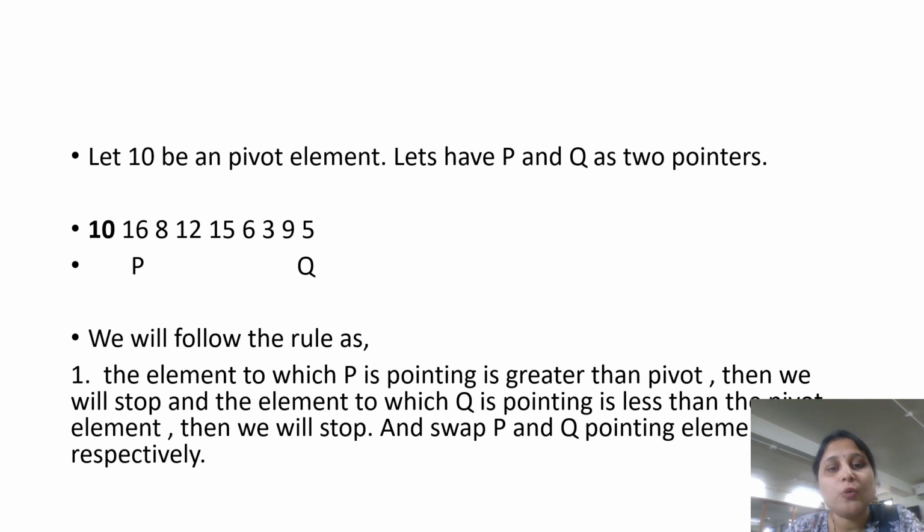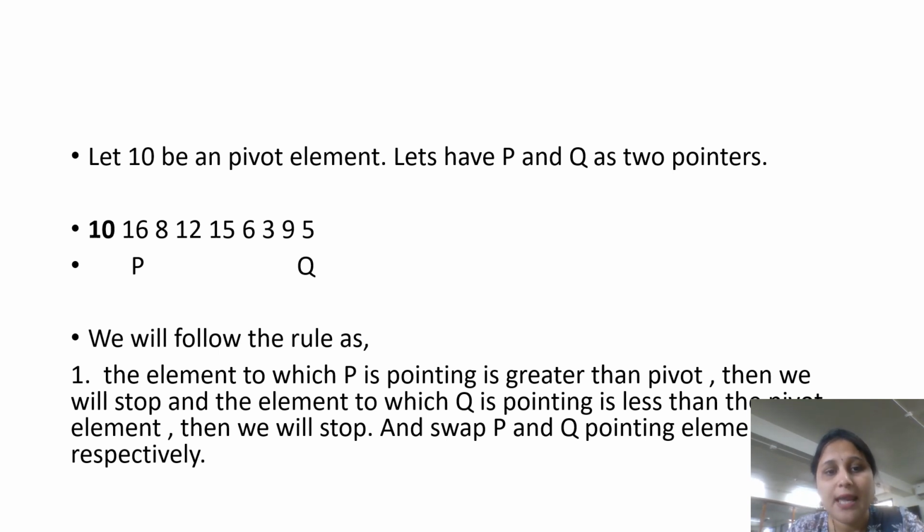Now we are going to follow one rule. The rule is: if the element to which P is pointing is greater than the pivot, then we will stop. Okay, if this element is greater than the pivot element, then stop. If it is not, then we will move ahead till we get an element bigger than the pivot element.